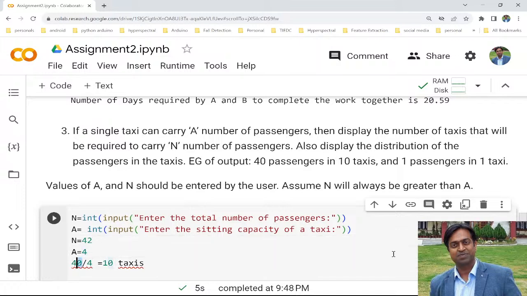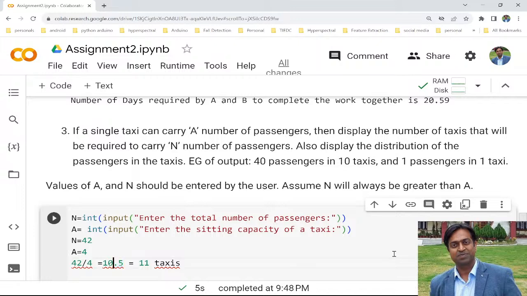Then we divide 42 by 4 and we get 10.5, right? And this extra 0.5 indicates that we need not 10.5 but 11 taxis, because these 0.5 passengers will come in the 11th taxi.